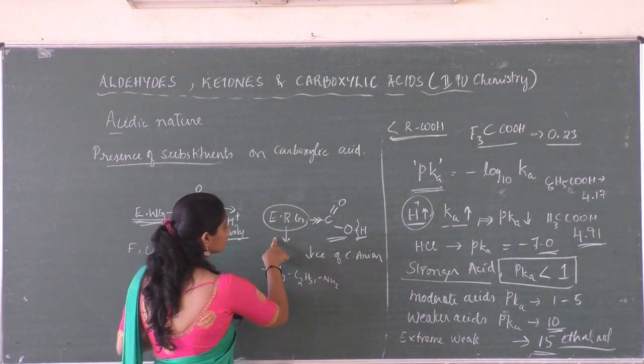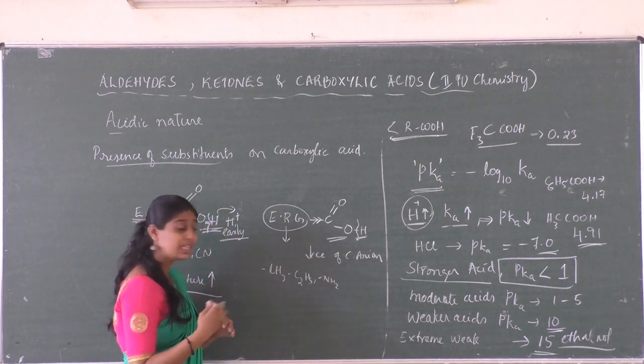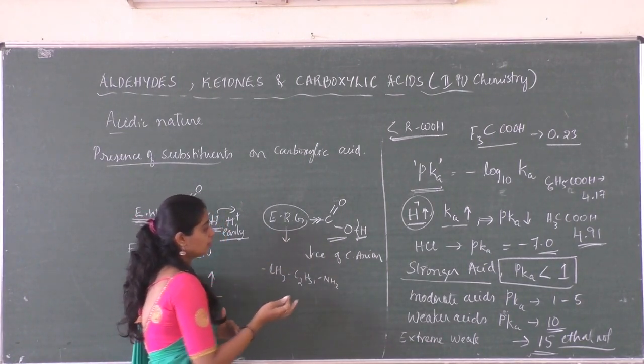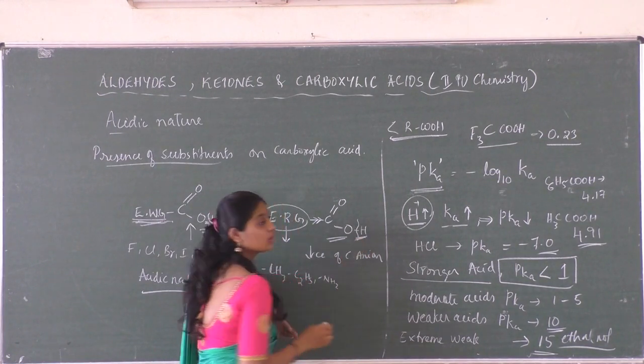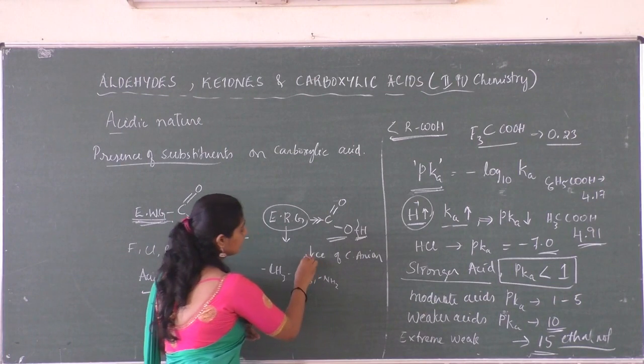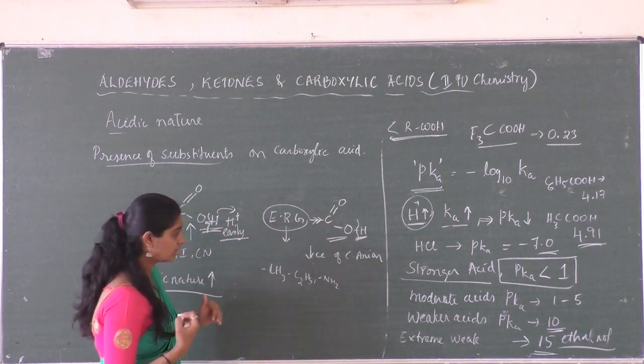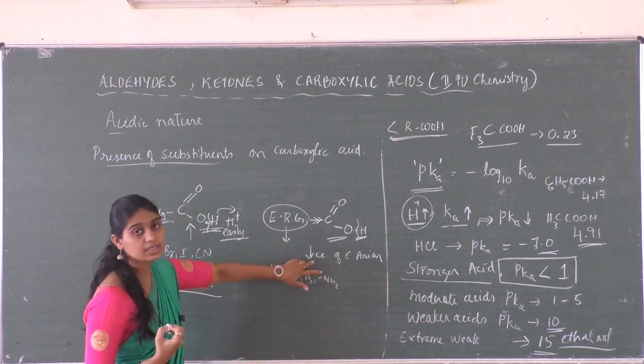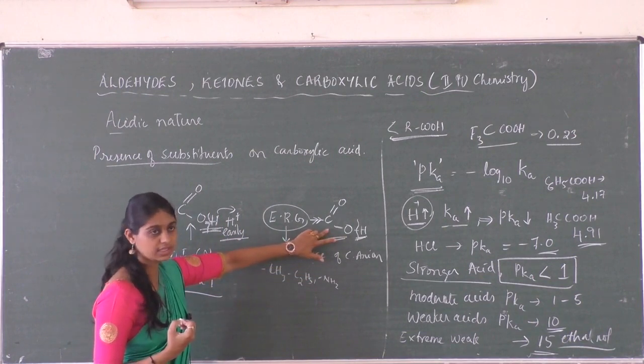Whereas in the case of an electron releasing group, it tends to increase the electron density, by which the release of H plus ions becomes more difficult. That will reflect in a decrease in the stability of the carboxylate ion.